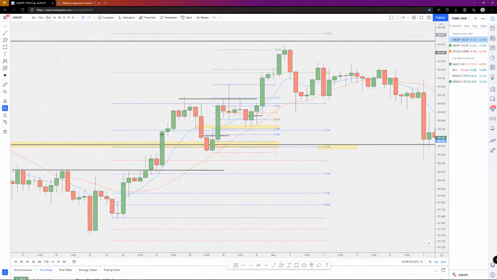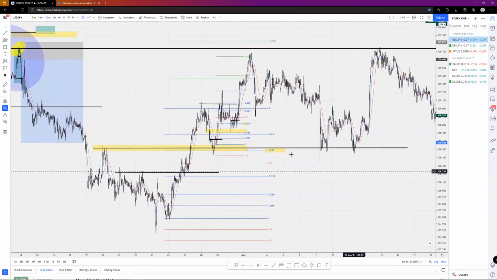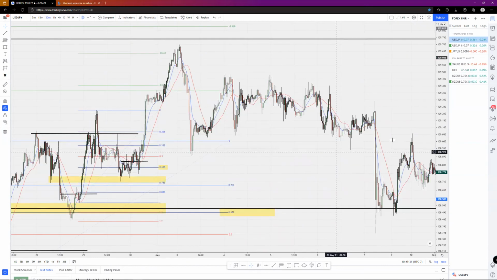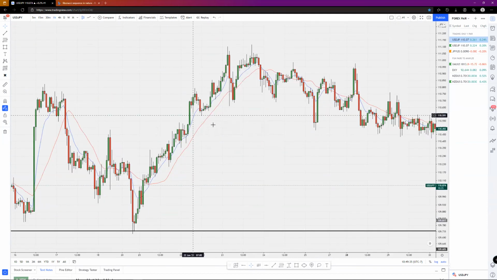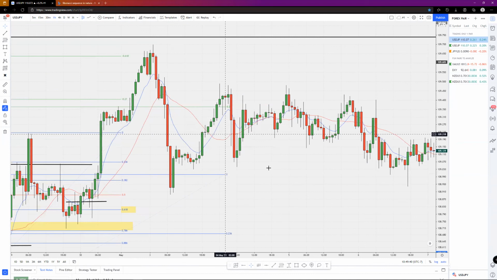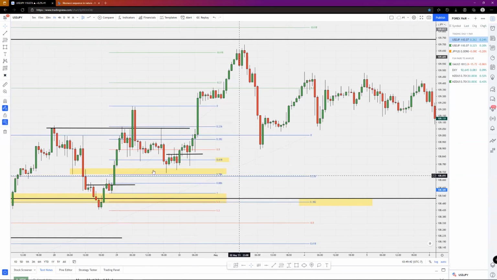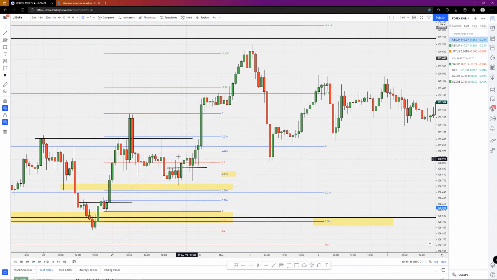So let me break this back down real quick and show you just how this area on the 1 hour was seen as quite nasty. Let me take off all the SMAs so you can see how I'm able to finesse this area a bit.